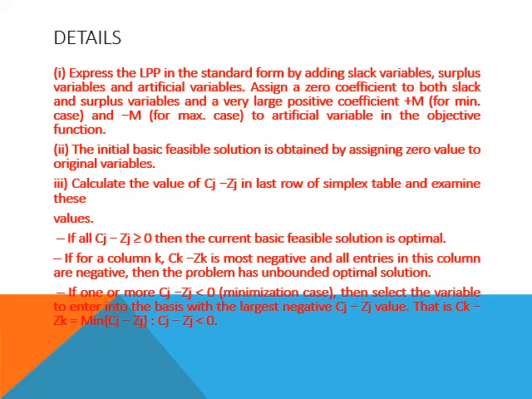Assign a zero coefficient to slack variables and a very large positive coefficient plus M for the minimization case and negative M for the maximization case to artificial variables in the objective function.